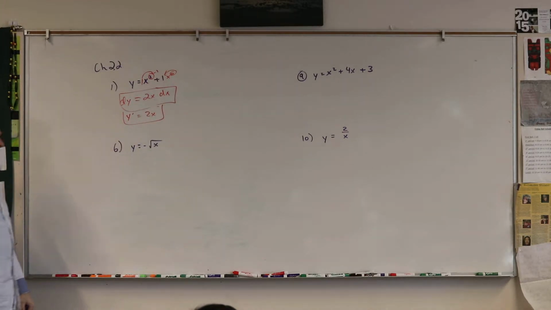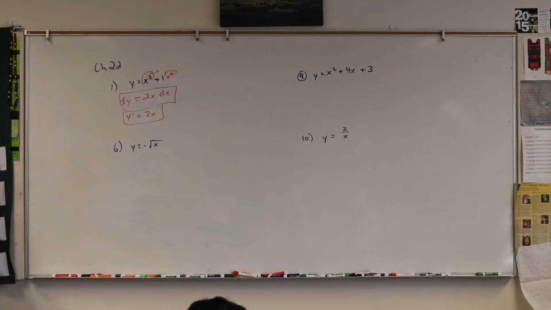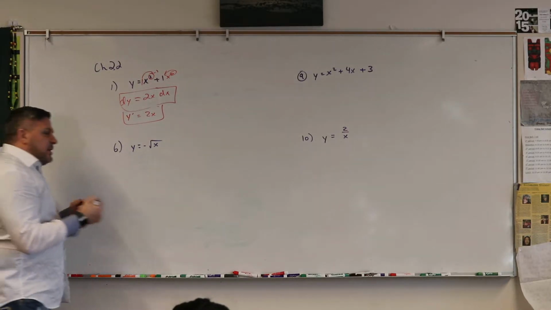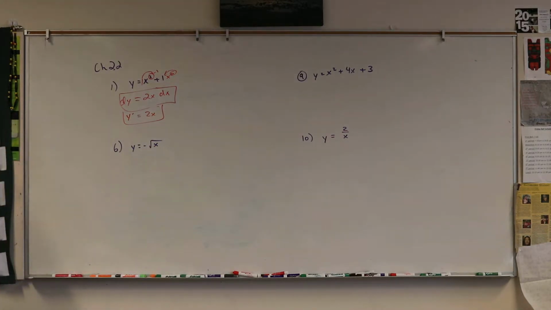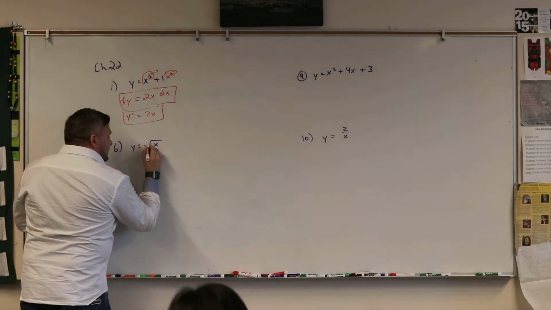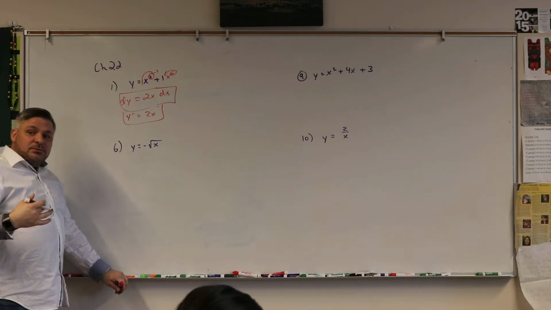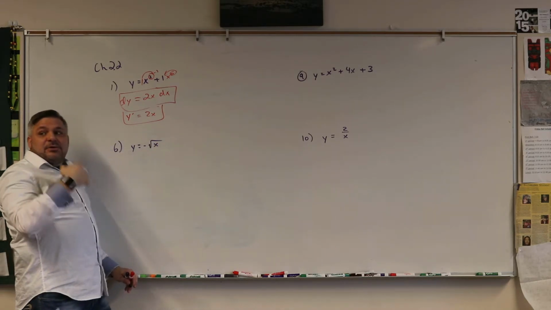Now, number 6, a little bit different. Before we can attack it, we need to adjust it. We need to make sure that it has a power. So what is a power of a radical? Since this radical has a hidden 2 in here, because it's a square root, then that becomes the root of the power.